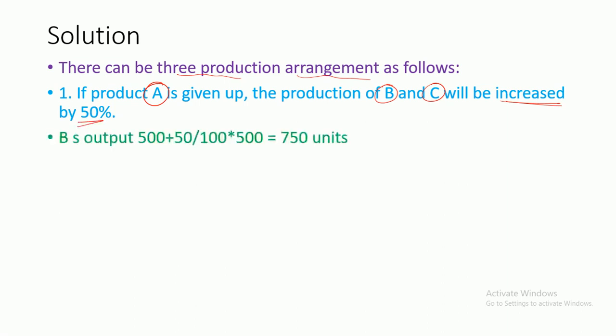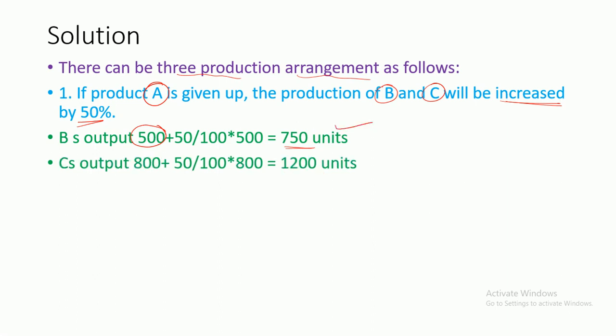So then B's output will be, as of now it is 500 plus 50% of 500, that is 250, so total production units will be 750. Similarly, C's output now is 800, and it will increase by 50%. 800's 50% is 400. 400 plus 800, 1,200. So 1,200 units will be the new production units.